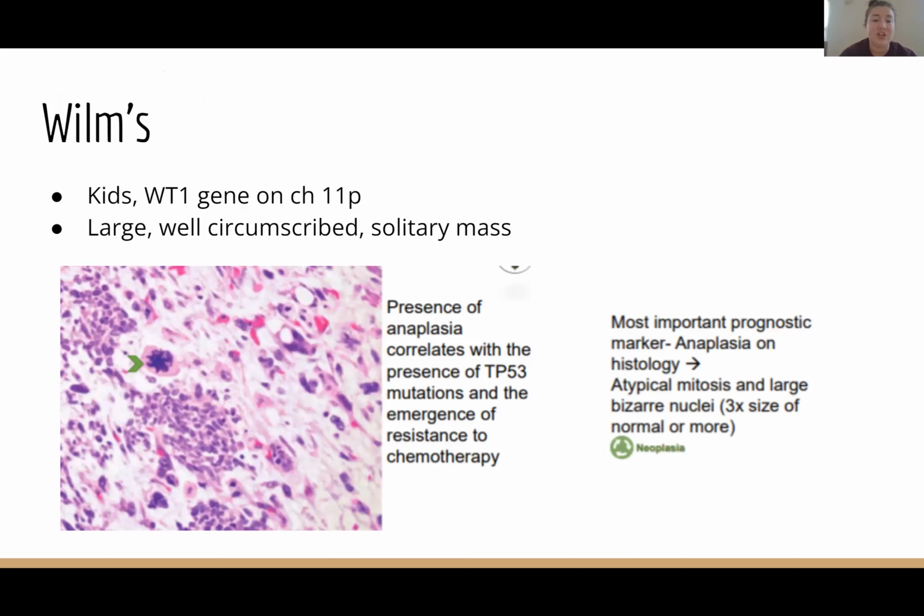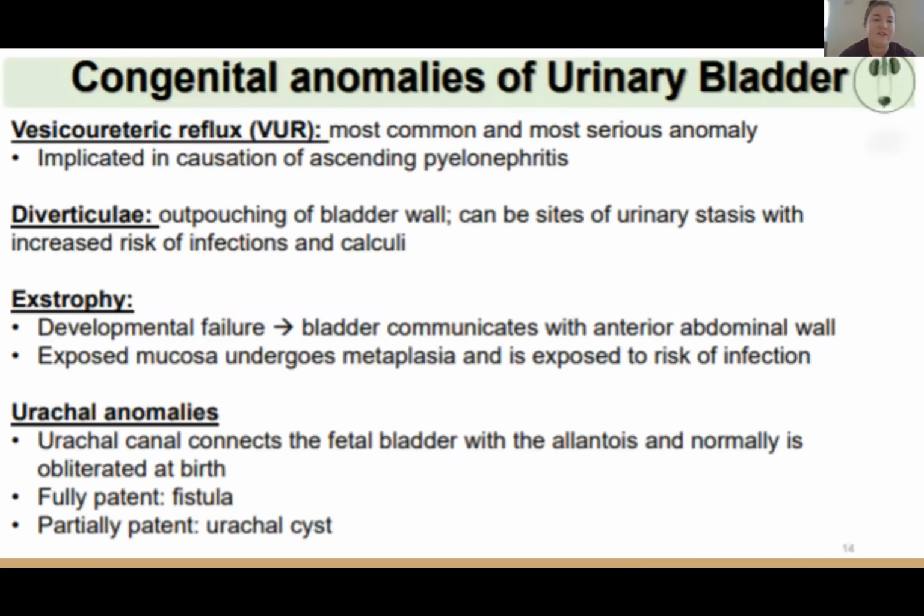Anaplasia is pretty much loss of differentiation, which is very bad when you're talking about cancers. So make that association. And then congenital anomalies, I put this on here because I don't remember this being a huge thing. I remember references of vesicoureteral reflux in other places, but not on its own.